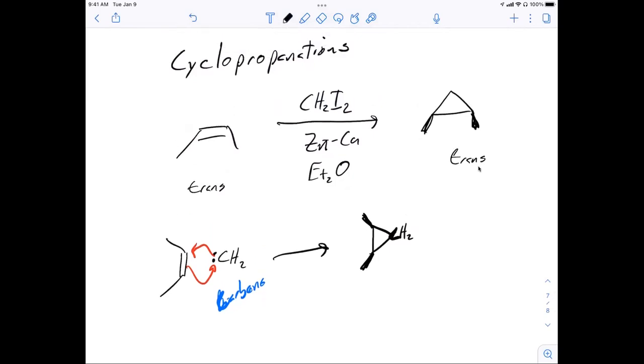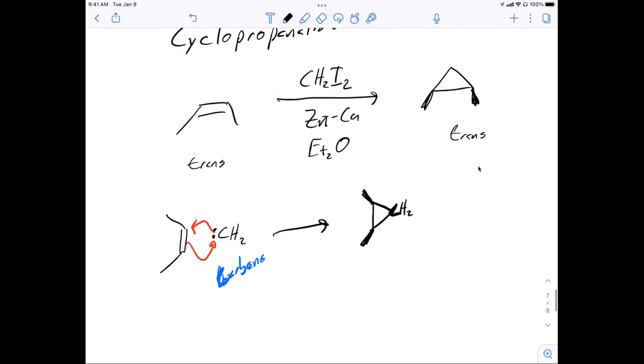And cyclopropanes do turn out to be important in some biological molecules. Natural pesticides have these, and synthetic pesticides also have cyclopropane. So this is one way to do that.